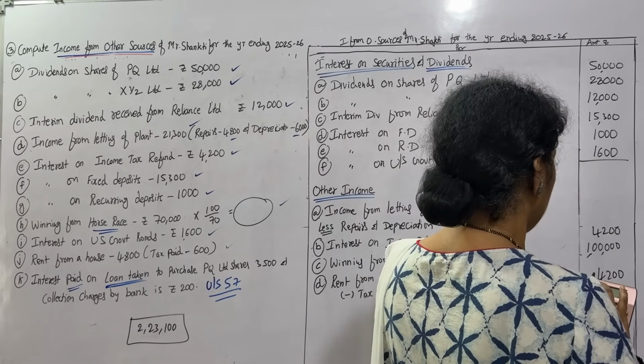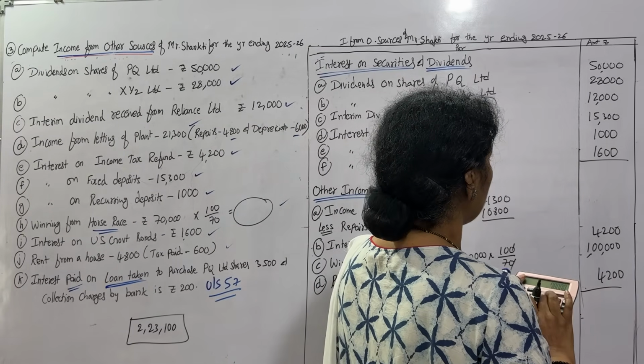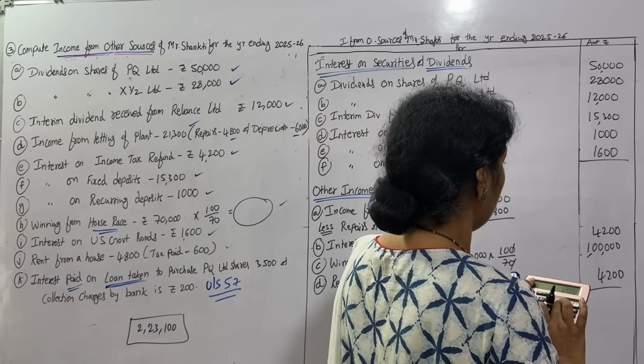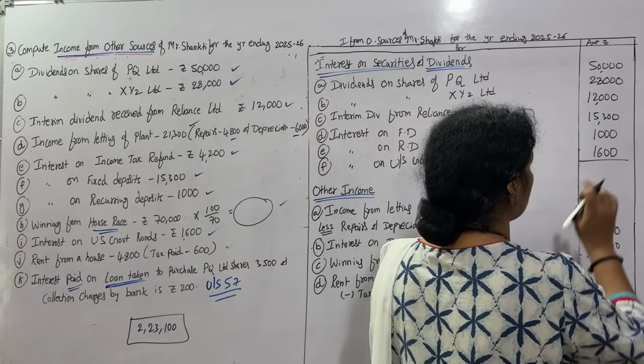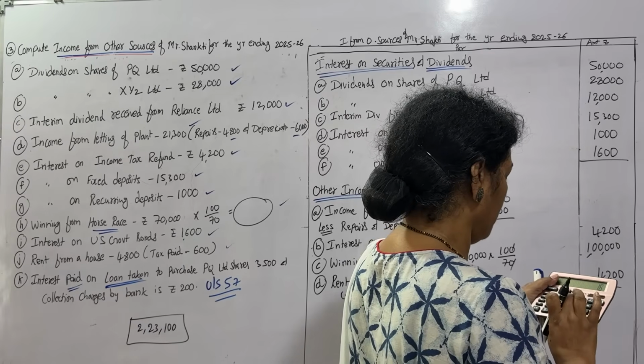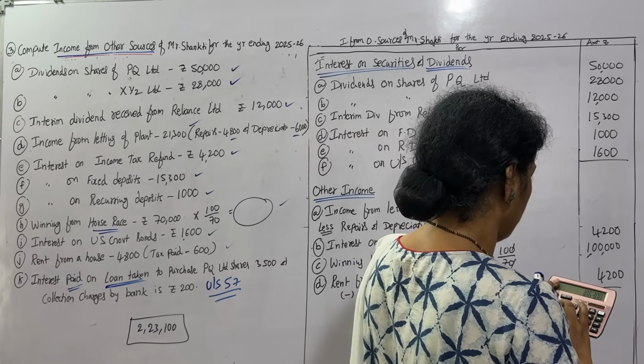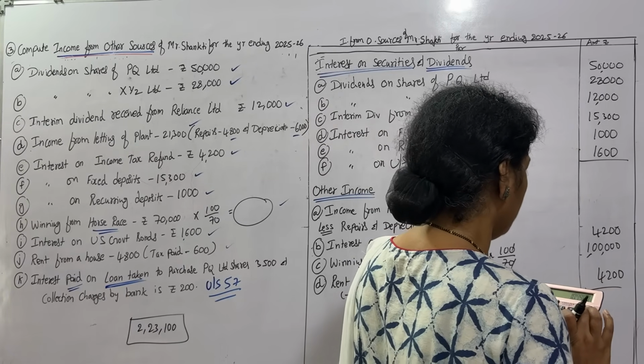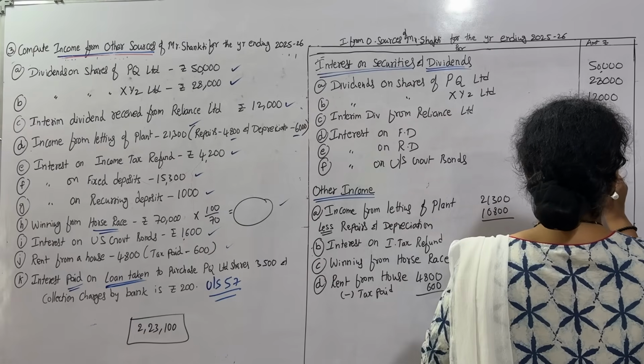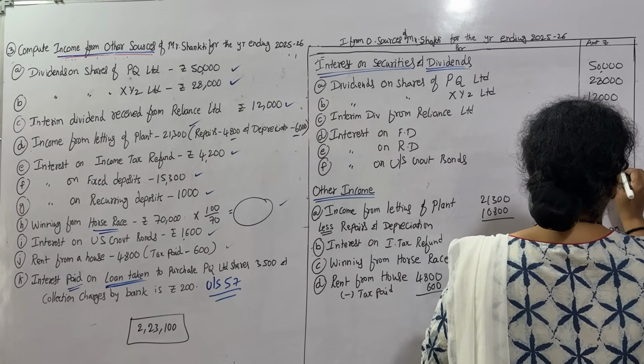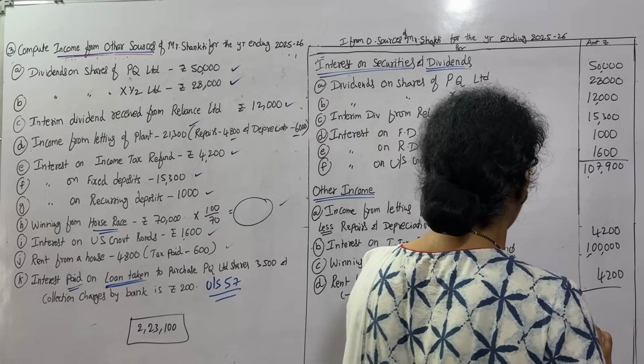50,000, 28,000, 78,000 plus 12,000 plus 16,300 plus 1,600. This is 1,07,900.